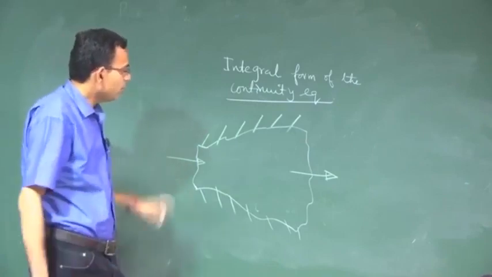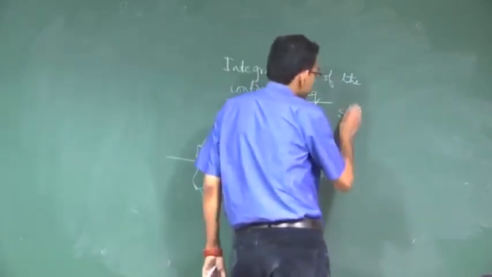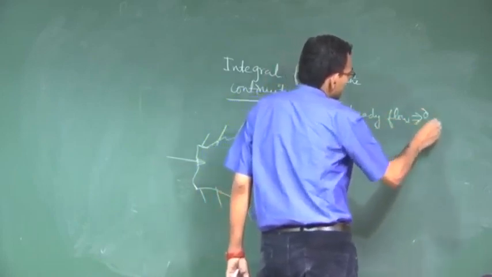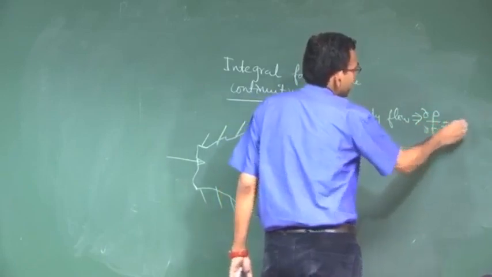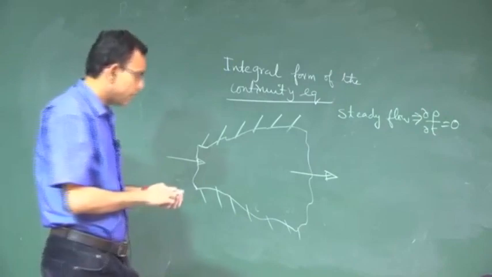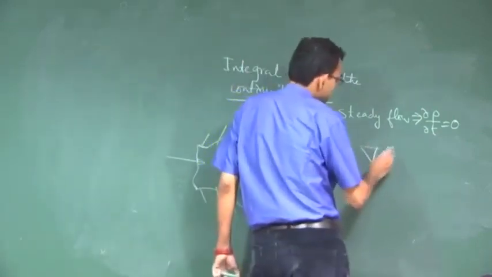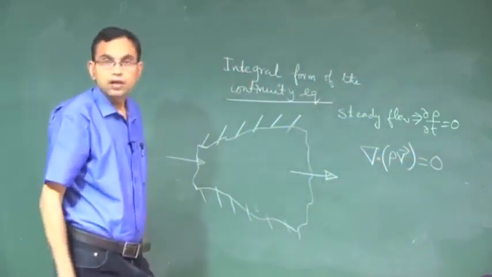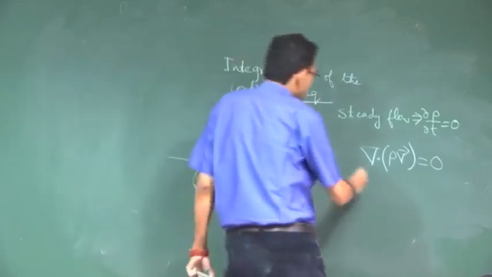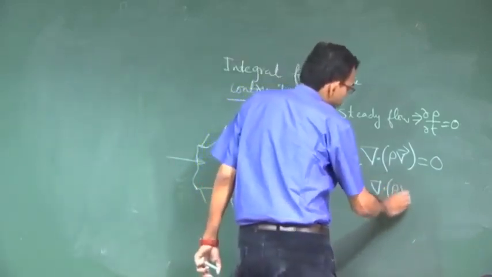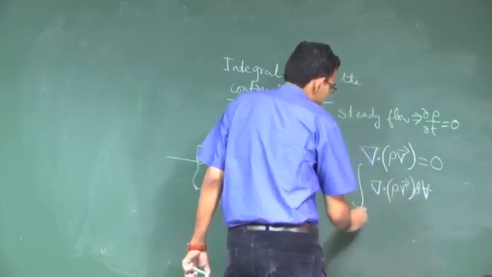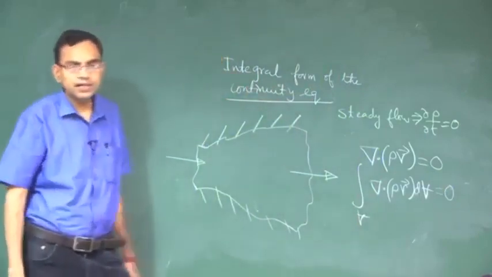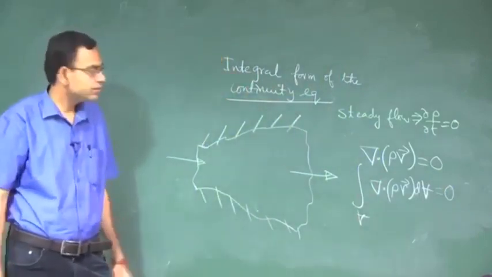Now we assume that it is a steady flow. This is the first assumption, and a very important assumption. Then we are left with the equation. Now let us integrate this equation over the volume, because the right hand side of the equation is equal to 0, its integral is also 0.